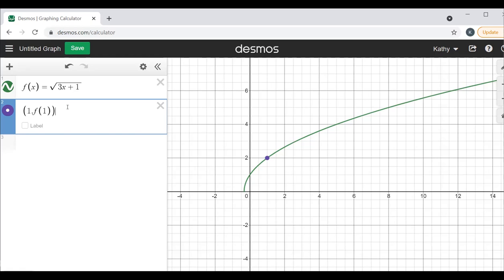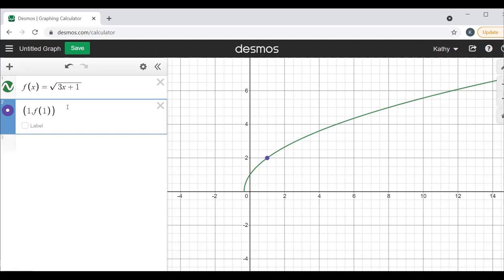It's hard because it doesn't really go through any good points, but if I was guessing, this is a nice point and this is a nice point. So maybe it's like 2. Not quite 2 though, because it goes up 2 over 2.5.